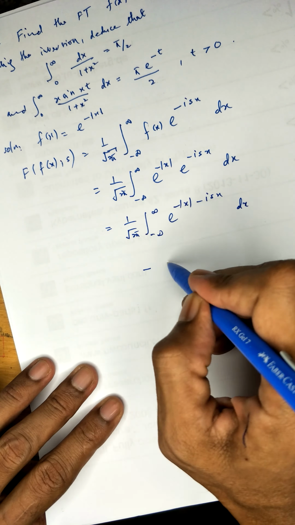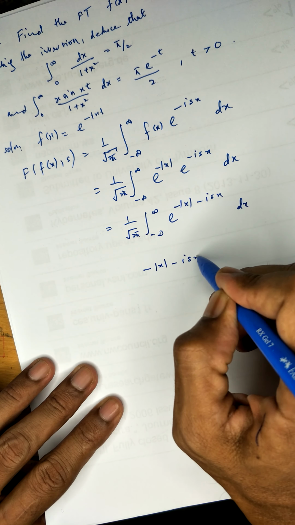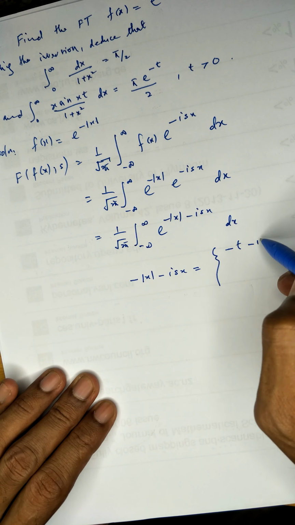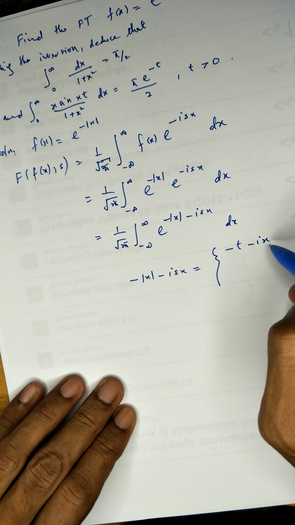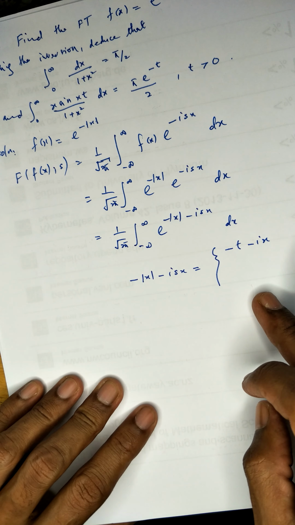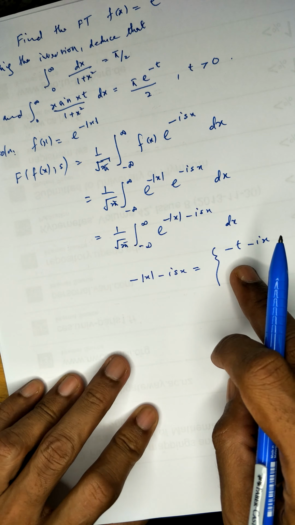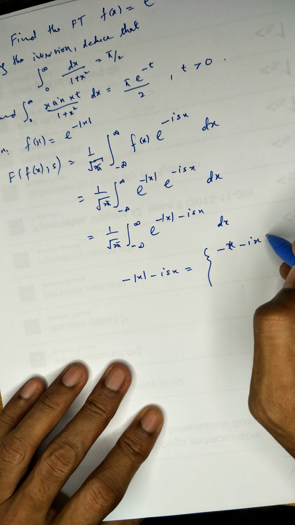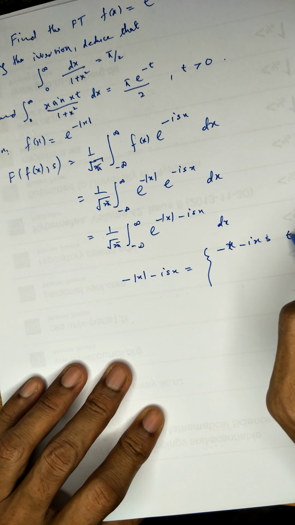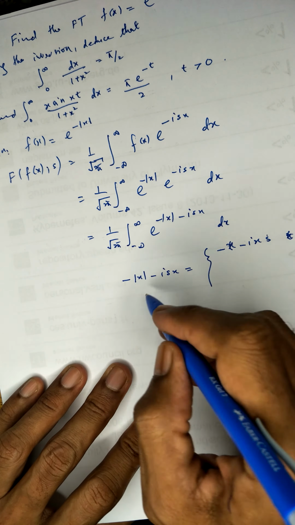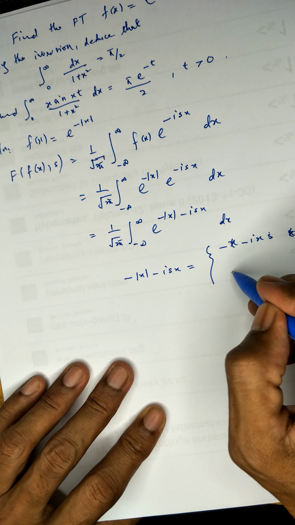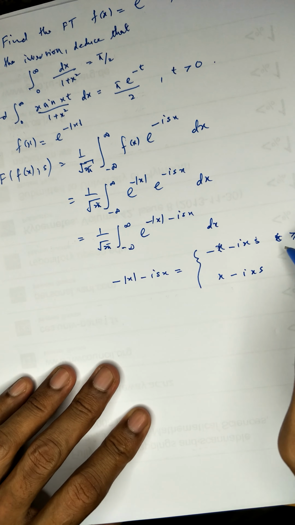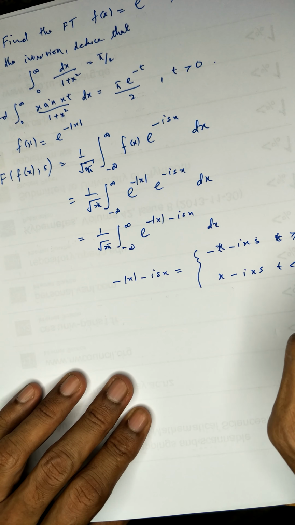Now for minus |x| minus i s x, this is equal to minus x minus i s x for x positive, and x minus i s x for x negative.